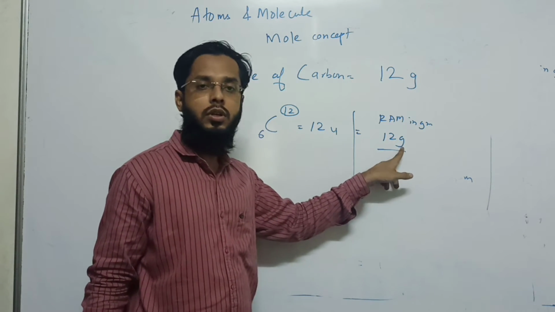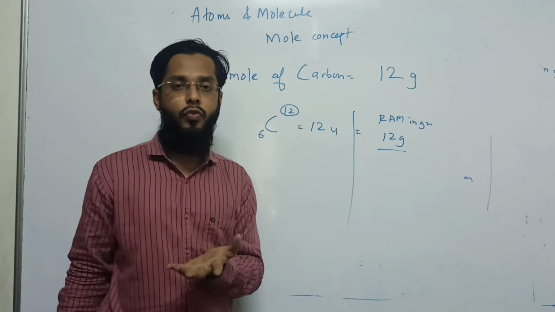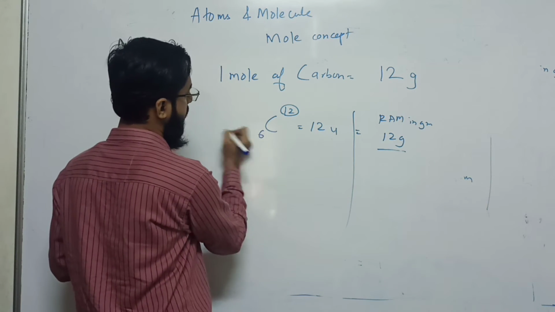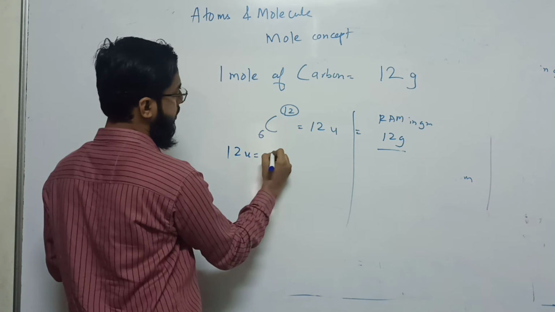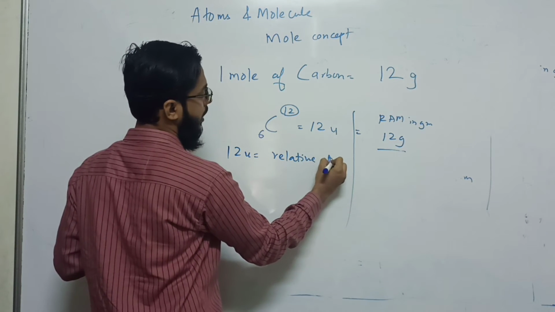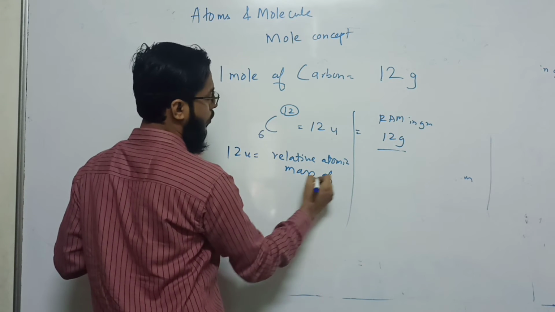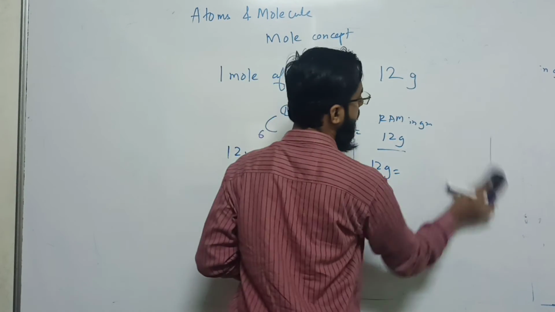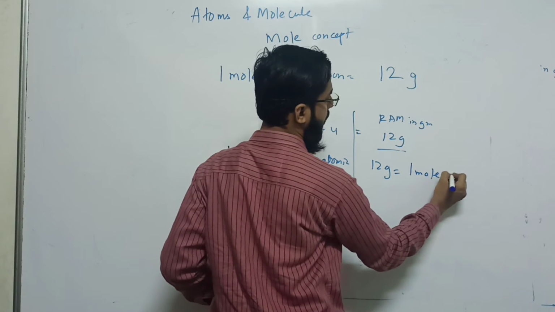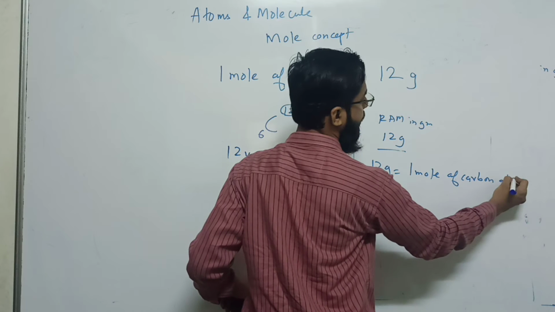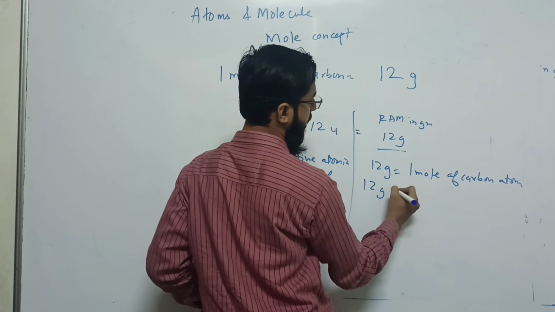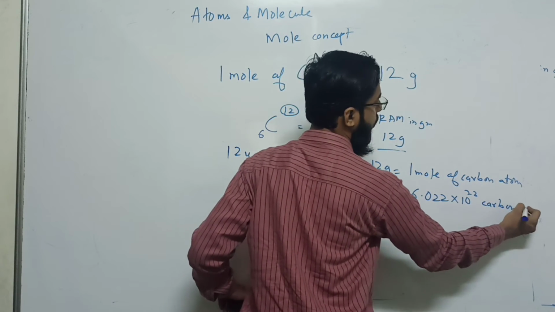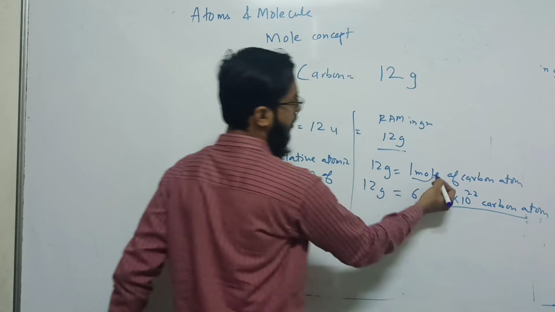But when we write in grams, 12 gram would be the weight of not 1 carbon, but how many? 1 mole of carbon. 12 U is the relative atomic mass of 1 carbon, and 12 gram is 1 mole of carbon, which means 12 gram is equal to how many carbon atoms? 6.022 into 10 to 23. So this number is known as 1 mole.